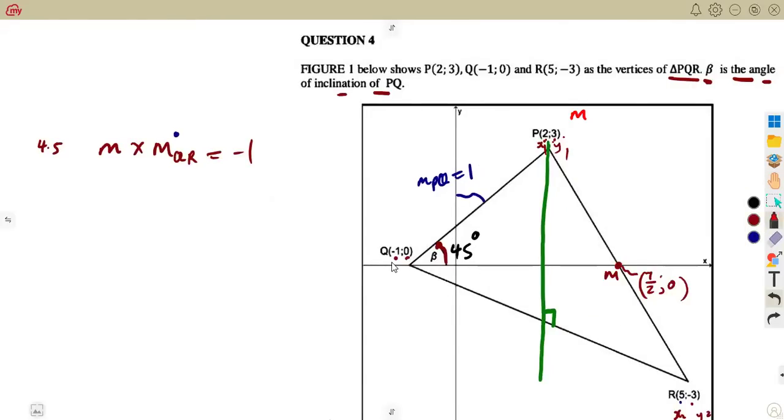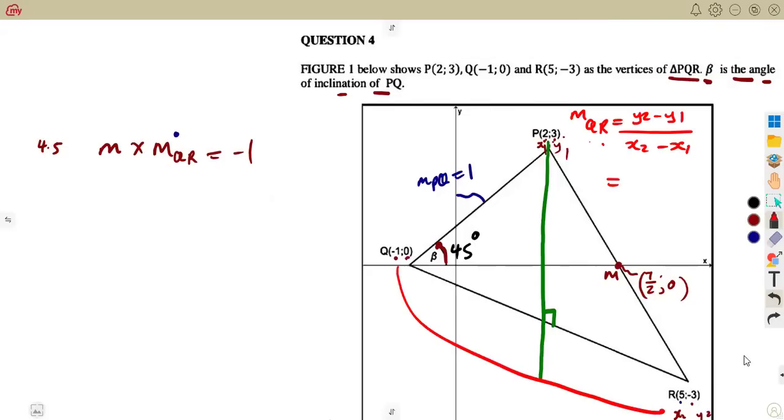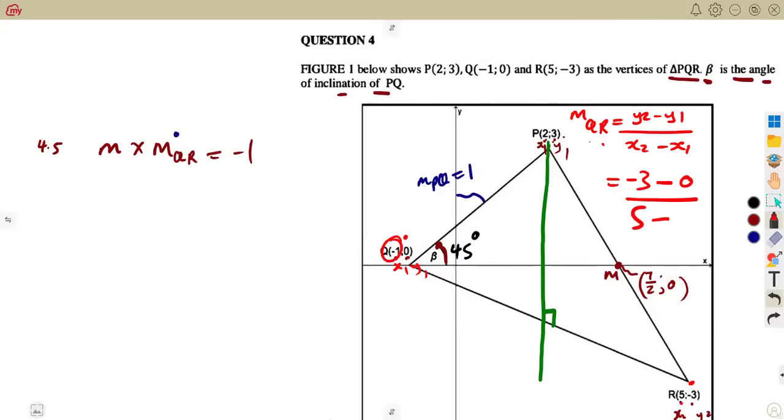So the gradient of the line QR is the change in y over the change in x. Do not forget, guys, this is just a formula to use. So from Q to R, y2 is -3 minus y1, which is 0, over x2, which is 5, minus x1, which is -1.